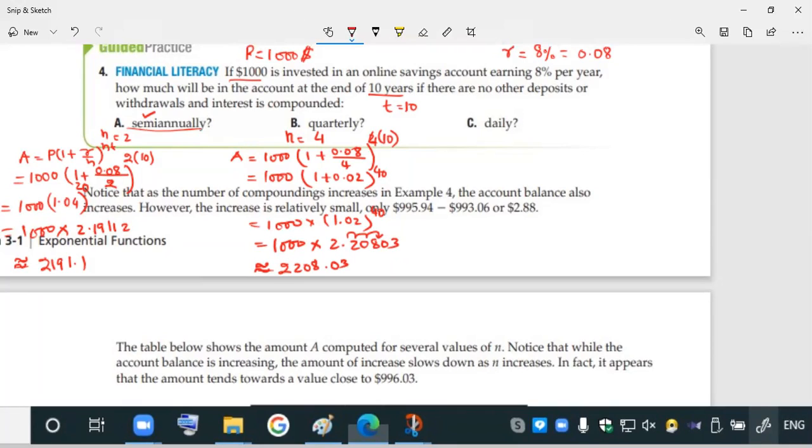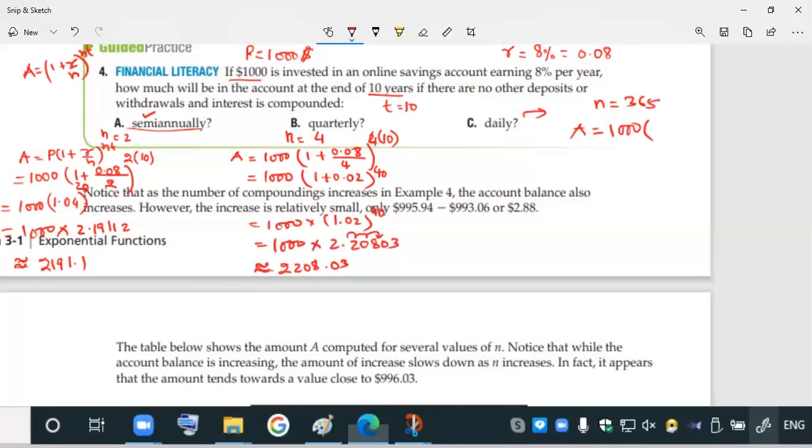When it is compounded daily, so n will be equal to 365. So amount will be equal to, same formula will be used, 1000. This is the formula that we are using. You can see the same formula is applied in all the questions: 1 plus r by n raised to power nt. Okay.